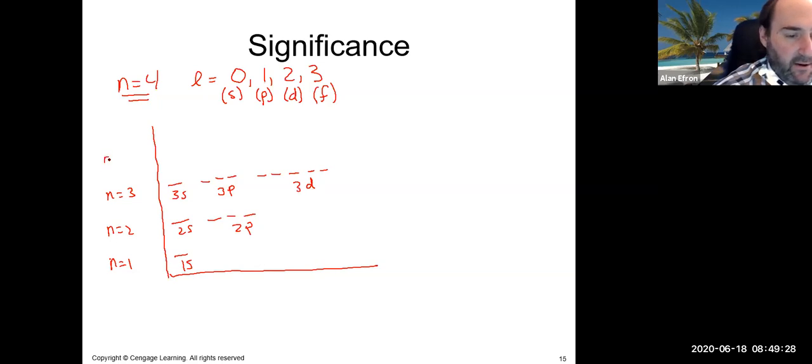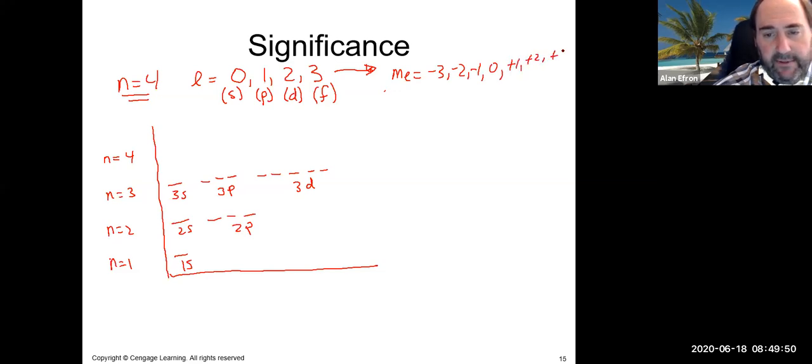And now on our 4th energy level, if we continue on with just the 3 part of it, the 0, 1, and 2 we did on the previous slide, our m sub L for our 3 can run from -3 to -2 to -1 to 0 to +1, +2, and +3. If you add up all those numbers, you get 7, right? And that is how many orbitals there are in an f subshell, right?